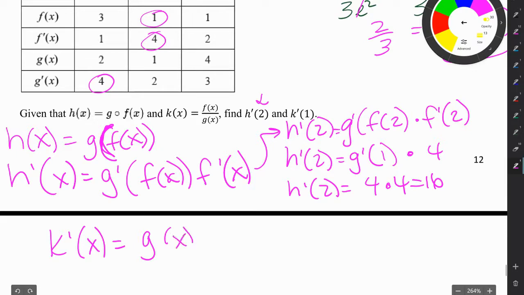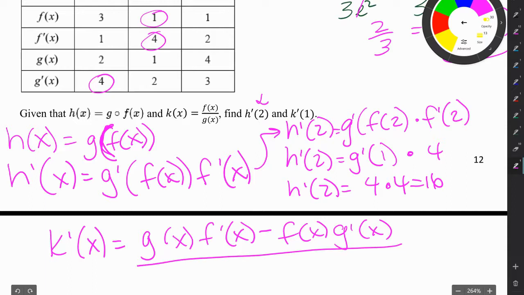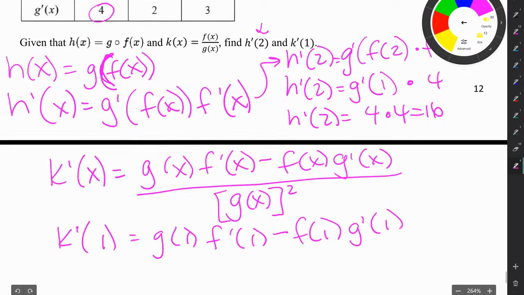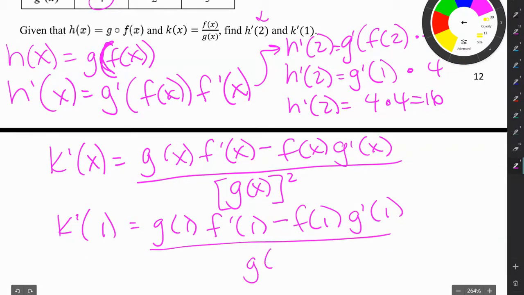So regular g of x, d high means f prime of x, minus high f of x d low, over the square of what's below. So that's our formula. Now we're doing k prime of 1. So k prime of 1 would be g of 1 times f prime of 1 minus f of 1 g prime of 1 over g of 1 squared.